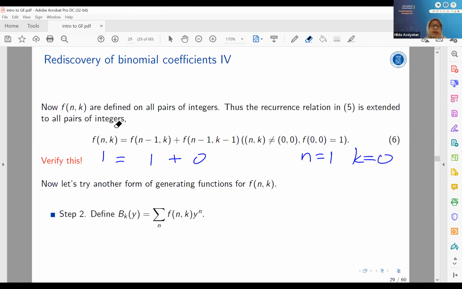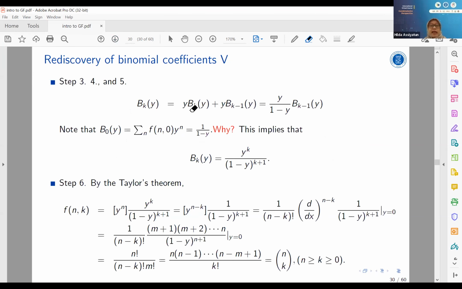I think from here it's easy to see that the left hand side equals b_k(y). And the right hand side, multiplied by y to the n, has an extra y, so this would be y b_k(y).